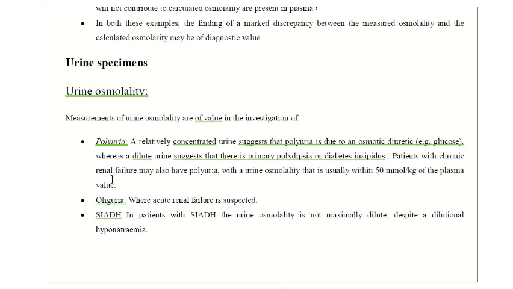Patients with chronic renal failure may also have polyuria with a urine osmolality that is usually within 50 millimole per kg of the plasma value. Oliguria, where acute renal failure is suspected. وفي حالة SIADH اللي قلنا عليها syndrome of inappropriate secretion of ADH, هذا ال ADH الهرمون الانتيدايوريتيك هرمون.